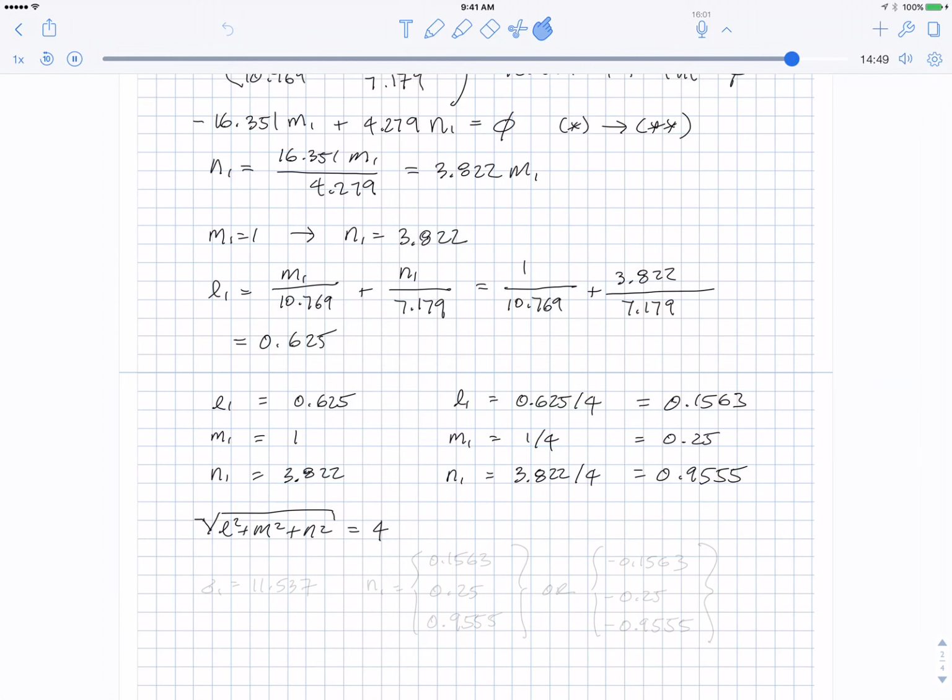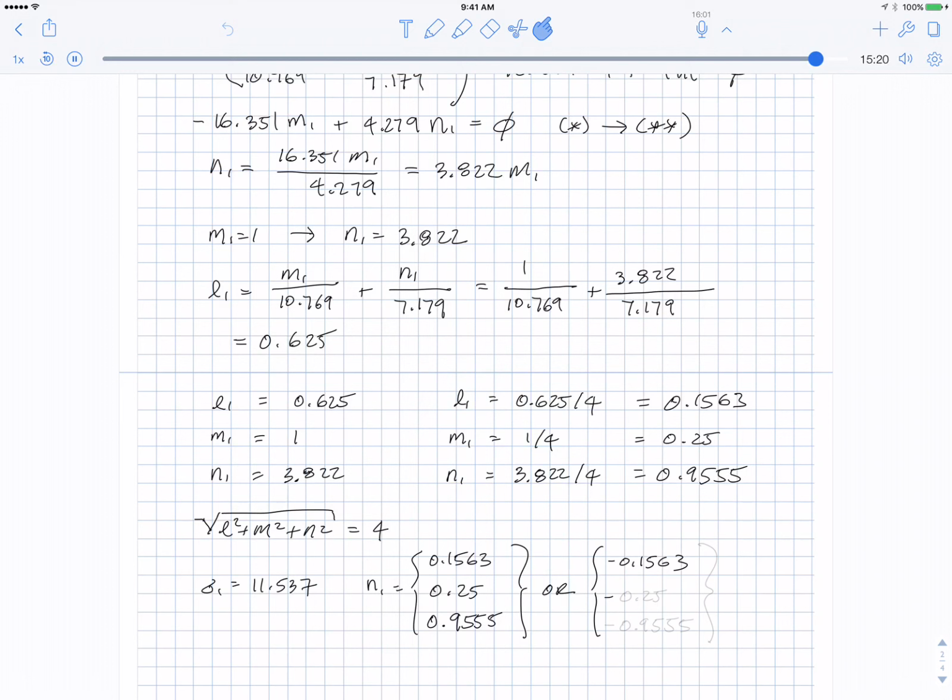And so to summarize, for the first principal stress, which is 11.537, the corresponding unit vector is 0.1563, 0.25, 0.9555. Now, another unit vector that is also in this direction is the negative of that, right?